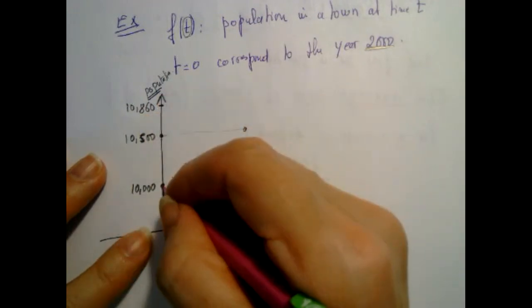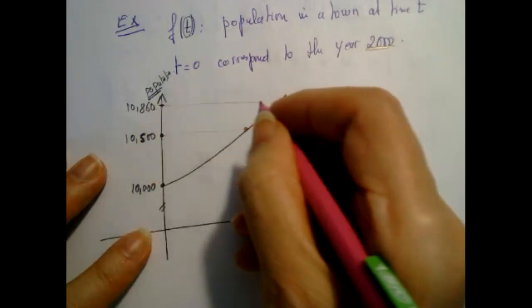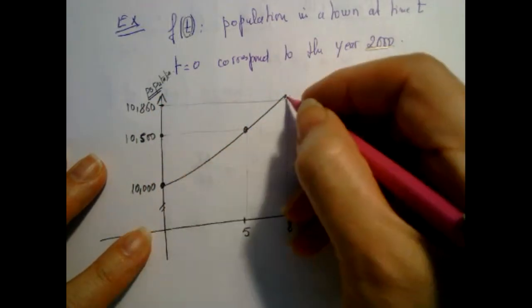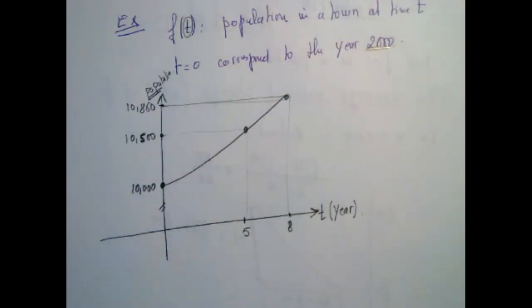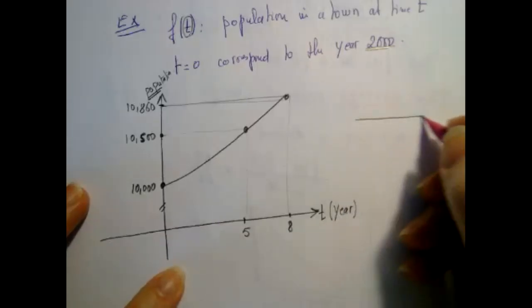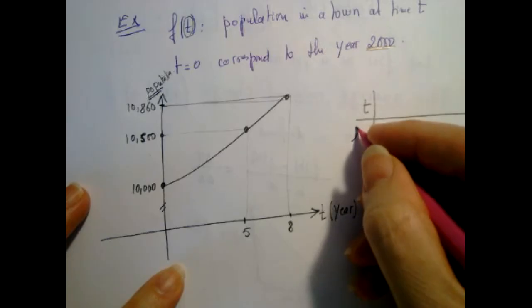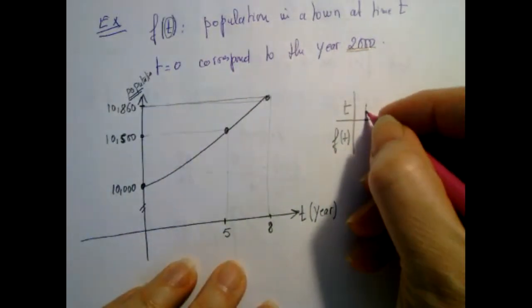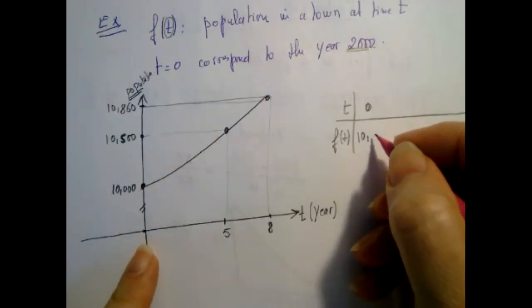A bunch of dots, and I'm going to connect them. So this is the graph of the population. Okay. So let us make sure here we understand verbatim. That's the time, and that's the function, which gives me the population. At t equal to 0, we have 10,000.